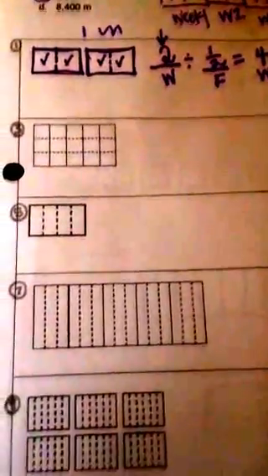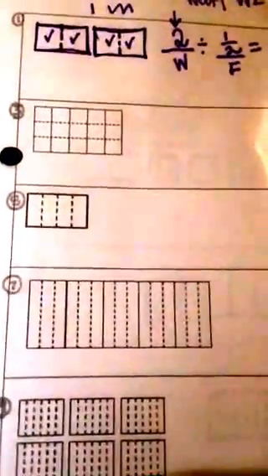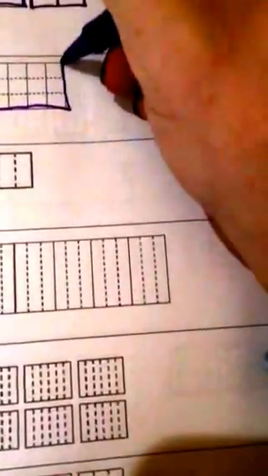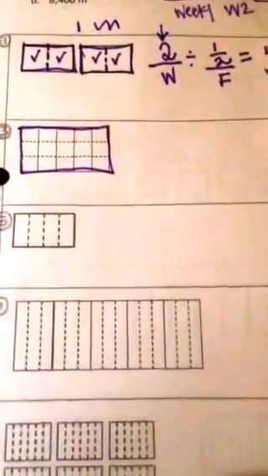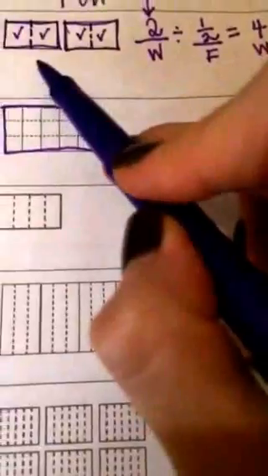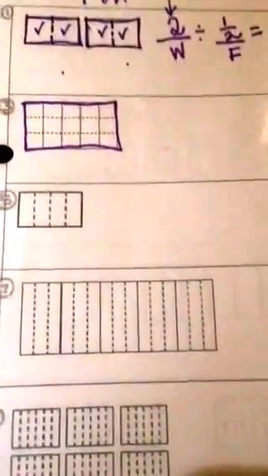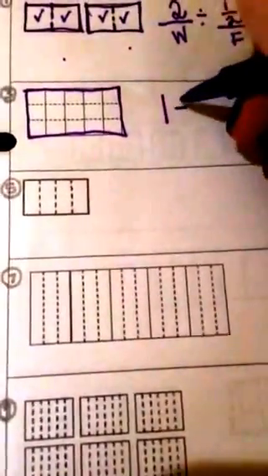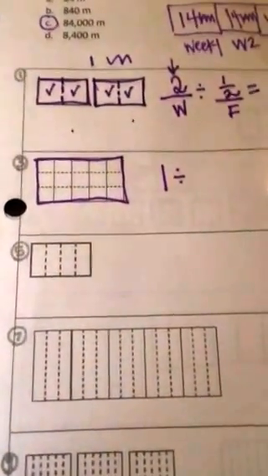Let's go down though to number 3. I have only 1 whole because you don't see any separate boxes like you did in number 1. So I start with 1 whole. But we're not going to focus just on 1 whole.